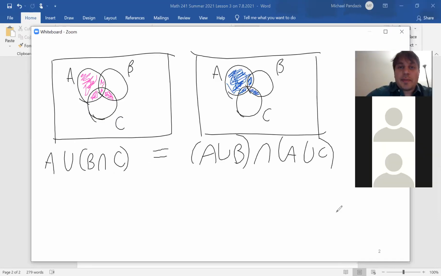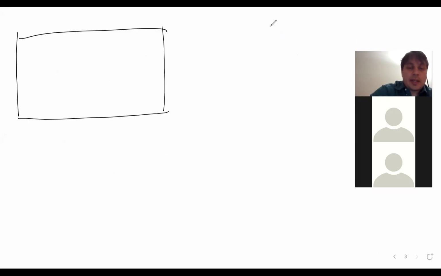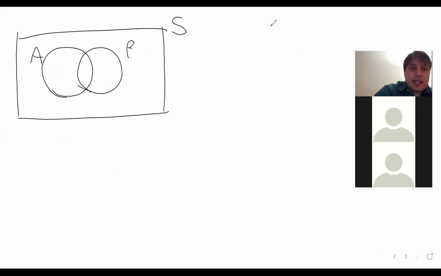So, you have the universal set, here's set A, and here's set B, and let's illustrate the fact that the complement of A union B is equal to A prime intersection B prime.